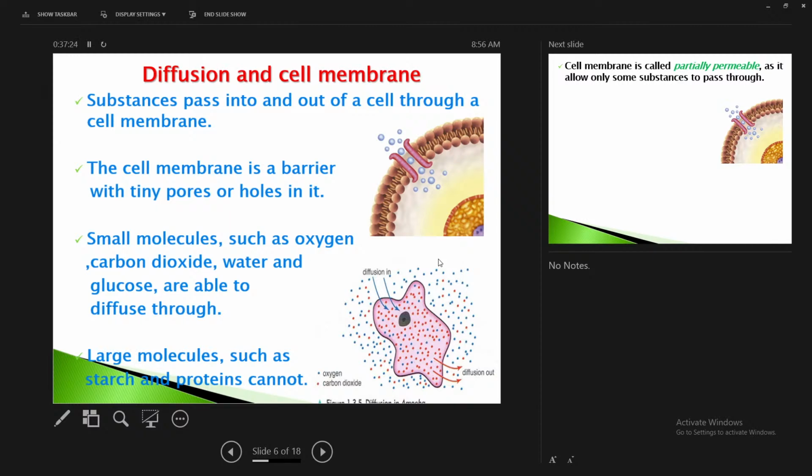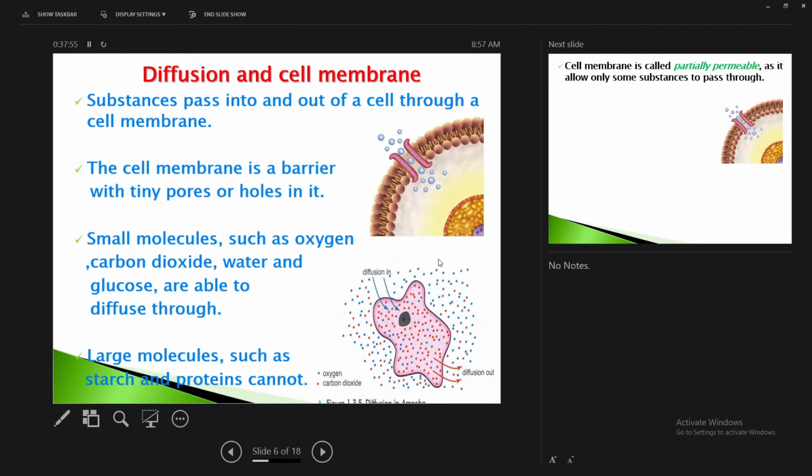So right away I can ask you another question: give me some substances or chemicals that move into human cells by the process of diffusion. All of those substances listed in the third pointer move by the process of diffusion in the human body.